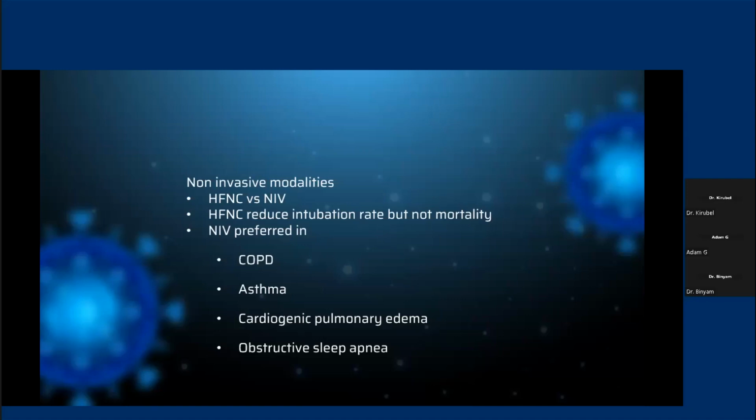They do have a reduction in intubation rate, so that's a good thing. But when do you use non-invasive ventilation? Especially if the patient has COPD, asthma, cardiogenic pulmonary edema, or obstructive sleep apnea, the patient will benefit from non-invasive ventilation. Otherwise, high flow nasal cannula is better than non-invasive ventilation.